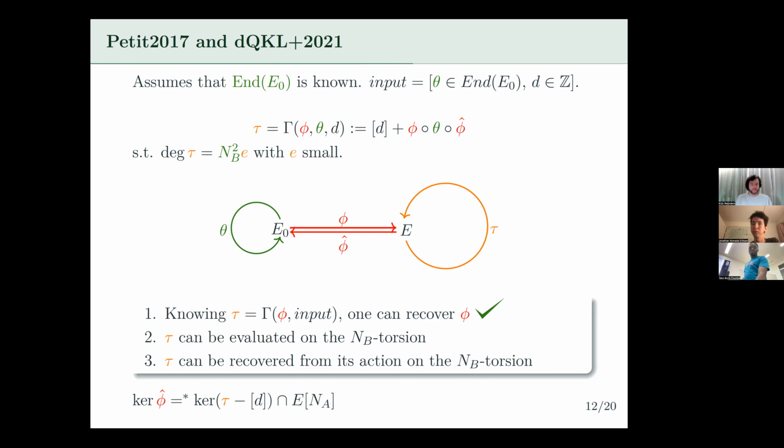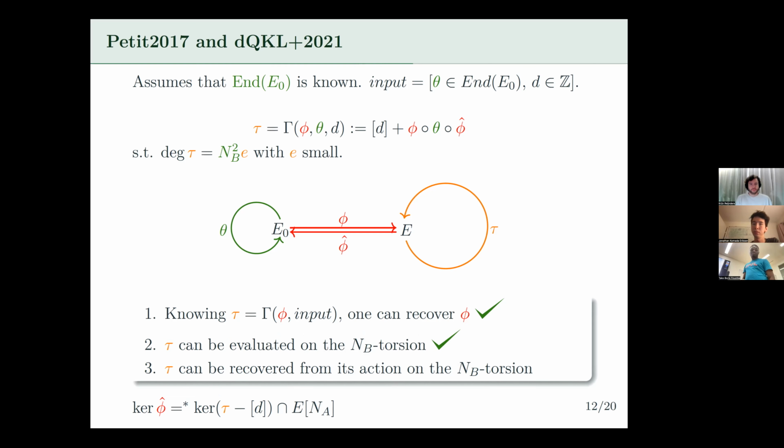The next point, can you recover tau from its action on the NB torsion? Here, if tau was an isogeny of degree NB, then we would just apply what we said before. But here, tau has degree NB squared times E. Note that in the very first paper by Petit, I think tau there had degree NB.